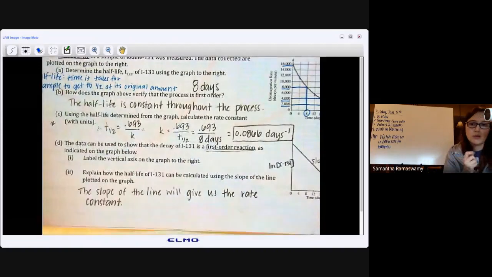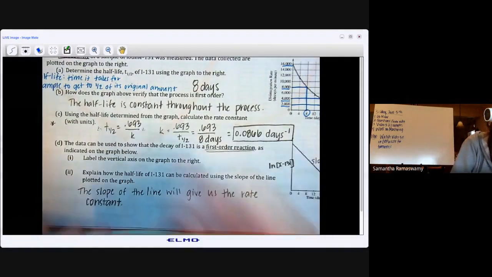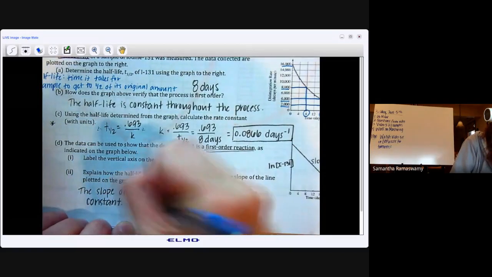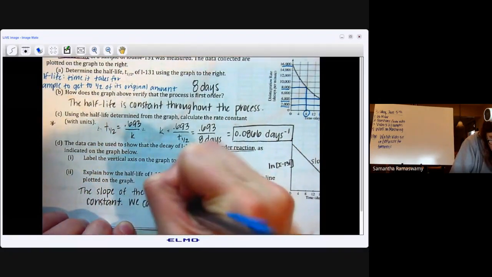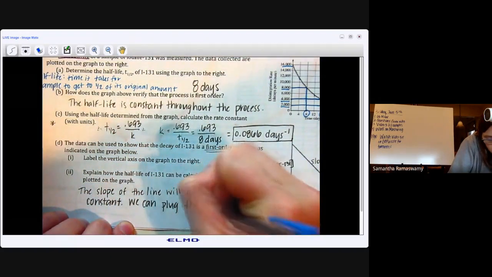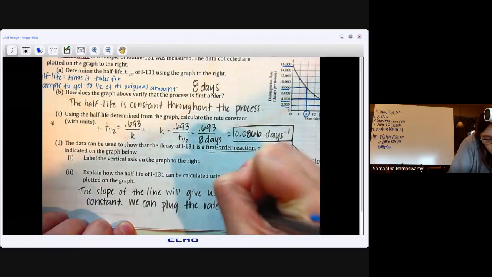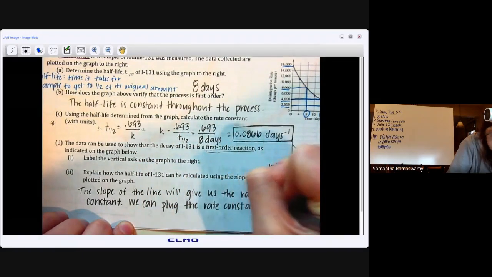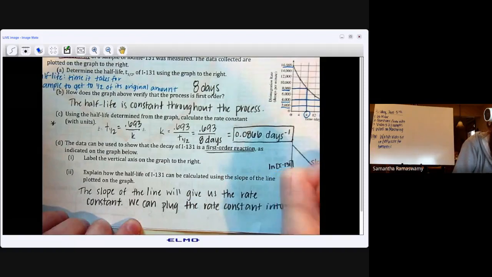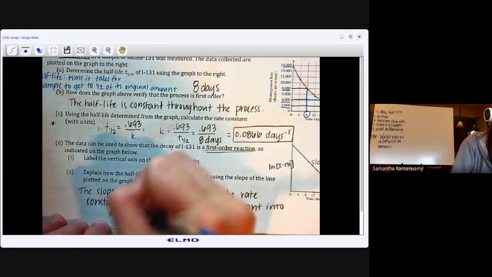But it wants to know how we can find the half-life. So we can plug the rate constant into the half-life equation.